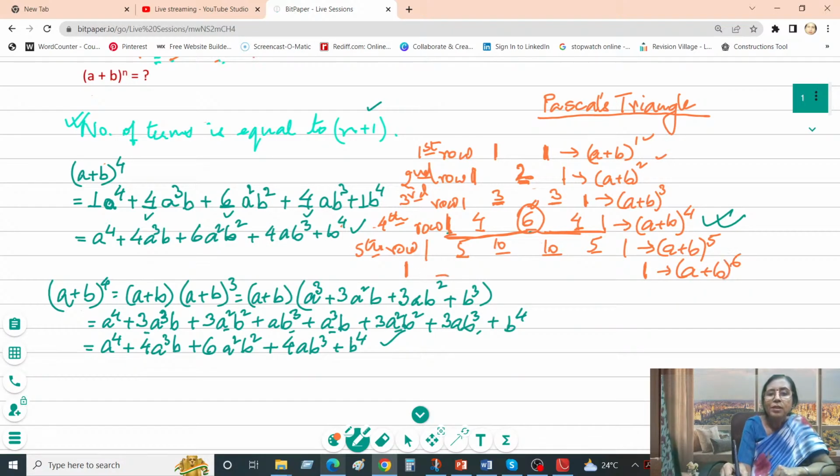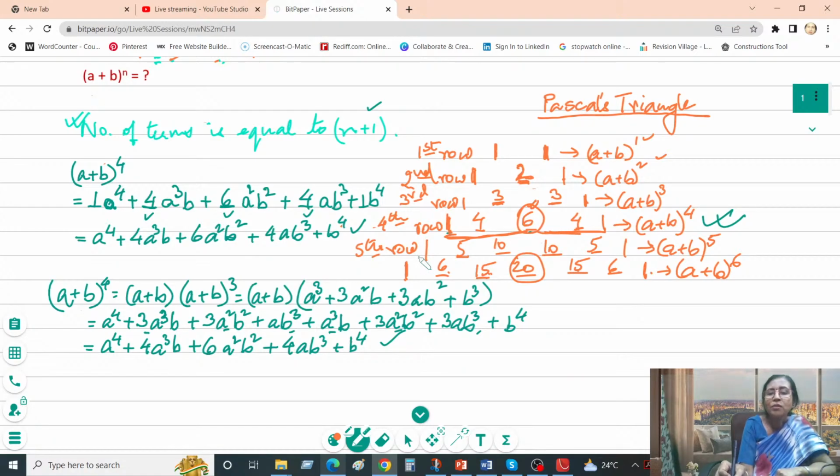This is 1, 6, 1 plus 5 is 6, 5 plus 10 is 15, 10 plus 10 is 20, 10 plus 5 is 15, 5 plus 1 is 6. See, a plus b raised to the power of 6, an even number. So the number of terms is odd. This is the highest number. It goes on increasing from 1, 6, 15. And then it goes on decreasing, 15, 6, 1.